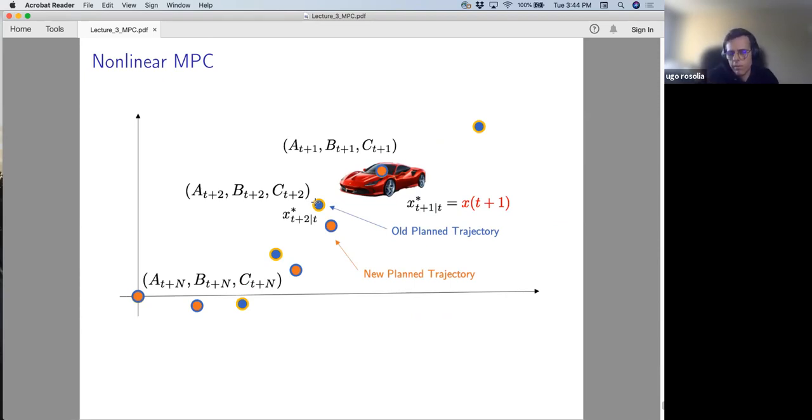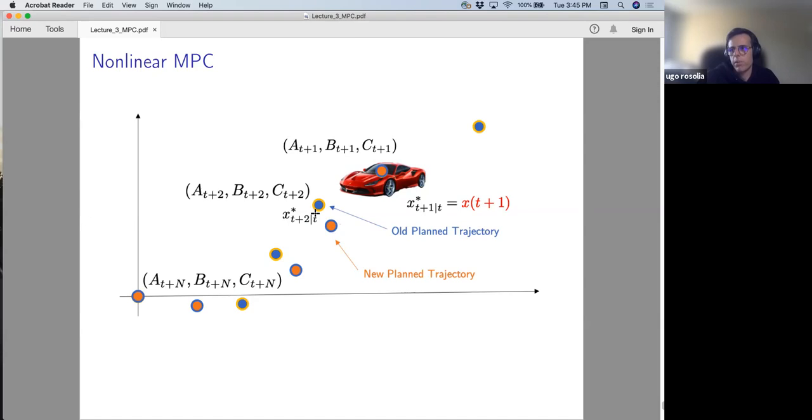So something you could do is have a cost that penalizes the difference between the new planned trajectory and the old point where you linearized.